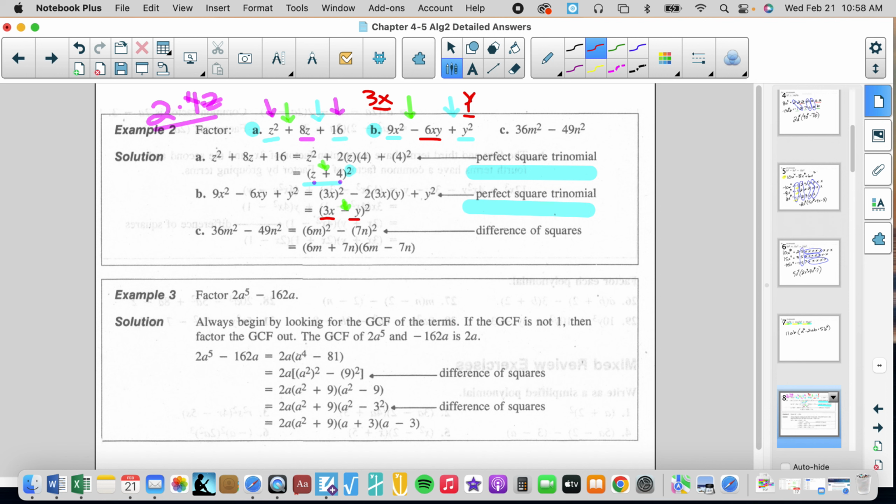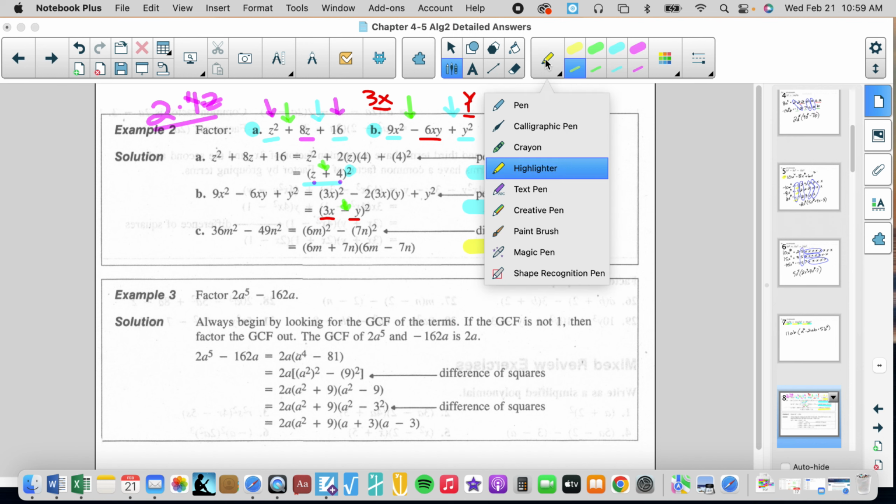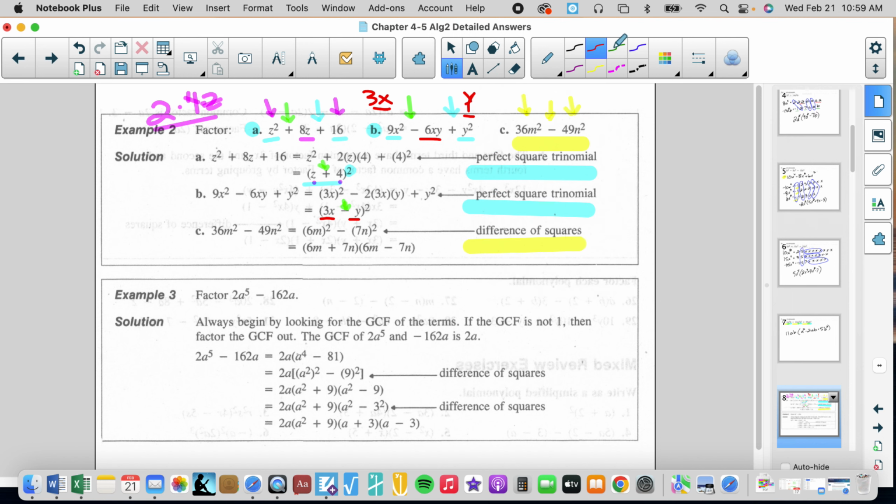Now, for C, the other example is the difference of squares. So it literally is the difference, subtraction, of two perfect squares. It's two terms, subtraction, and both the first and the last are perfect squares. When we take the square root of 36m squared, that's 6m.